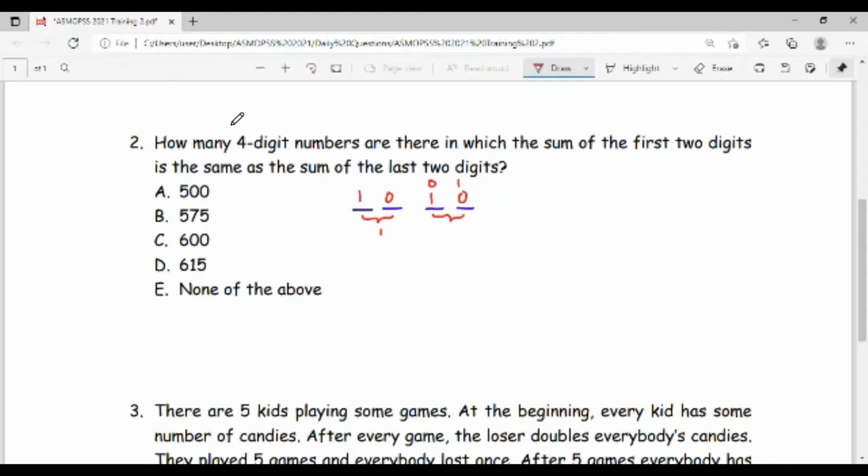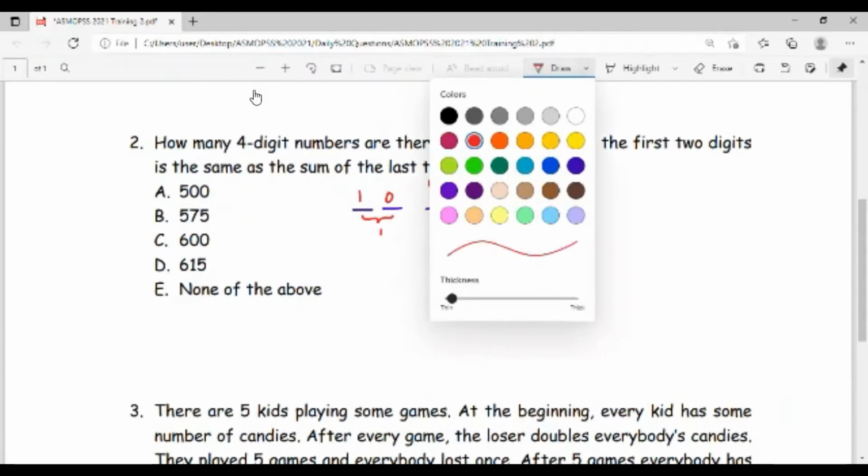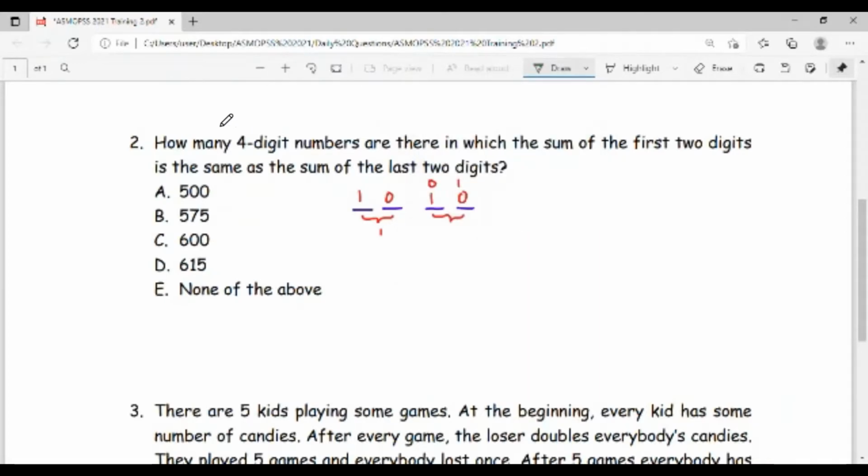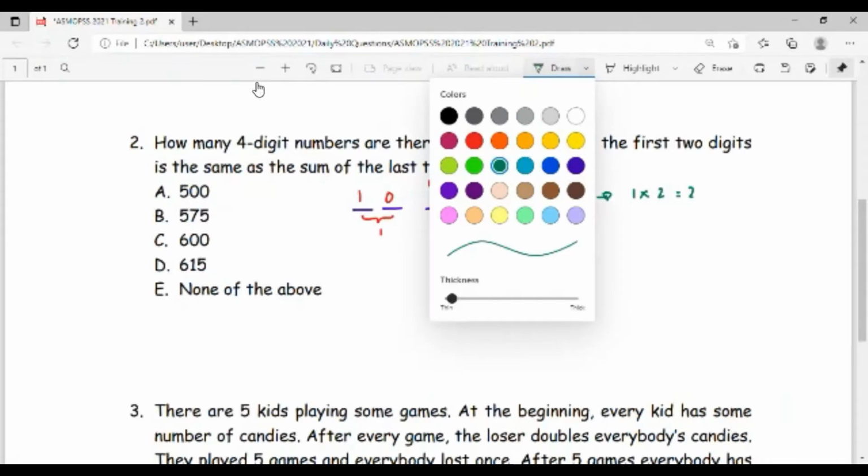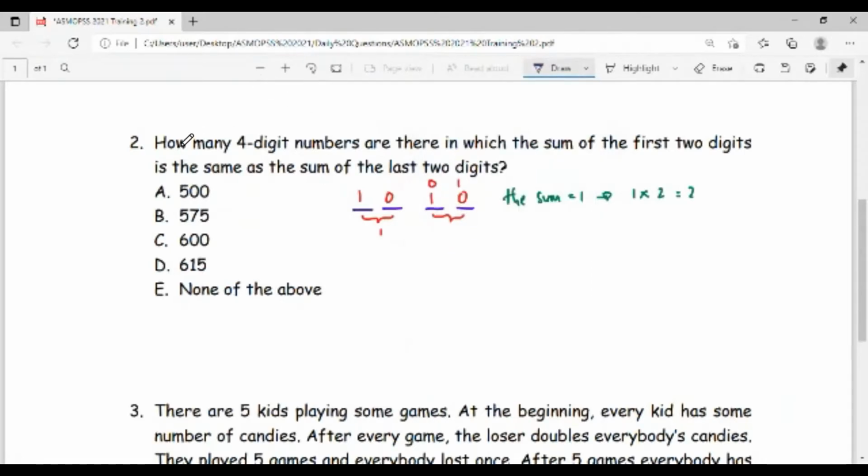So now the combination from the first sum, which is 1, I will write here: when the sum is 1, then the number of combinations is 1 times 2, which is 2. I'm trying to show you the pattern that we can find here.